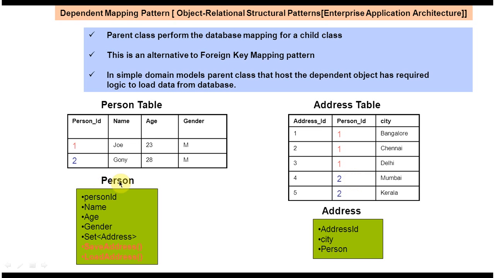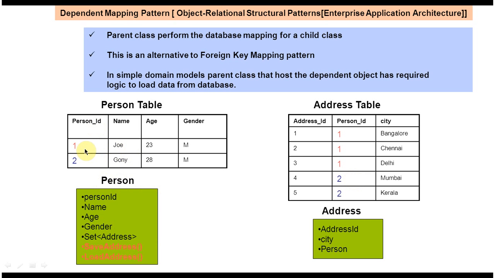So this is a person class, and it will have all the fields which are there in the person table: person id, name, age, gender. And one person can have many addresses. If you see this, the person Joe belongs to three places.